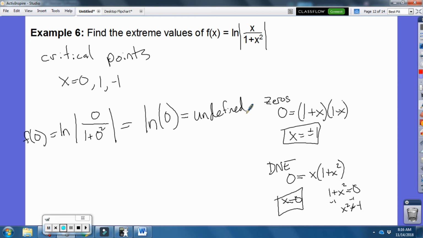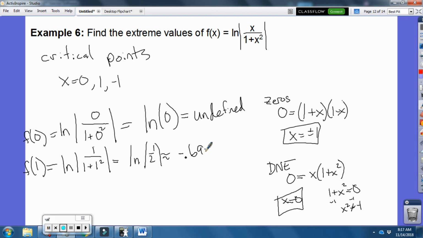Let's also consider f of 1, which is the natural log of 1 over 1 plus 1 squared, which is going to be natural log of a half, approximately negative 0.693147.